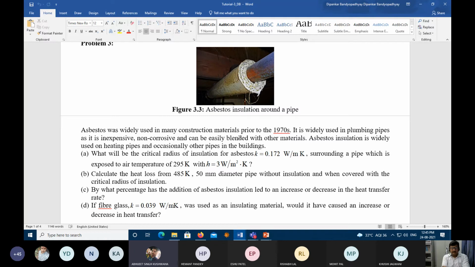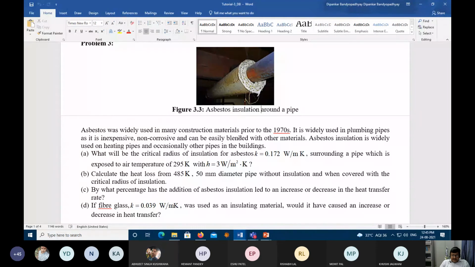Asbestos insulation is widely used on heating pipes and occasionally other pipes in the buildings. For a part, what will be the critical radius of insulation for asbestos with K equal to 0.172 watt per meter Kelvin surrounding a pipe which is exposed to air temperature of 295 Kelvin with H equal to 3 watt per meter square Kelvin? So what is the critical radius?